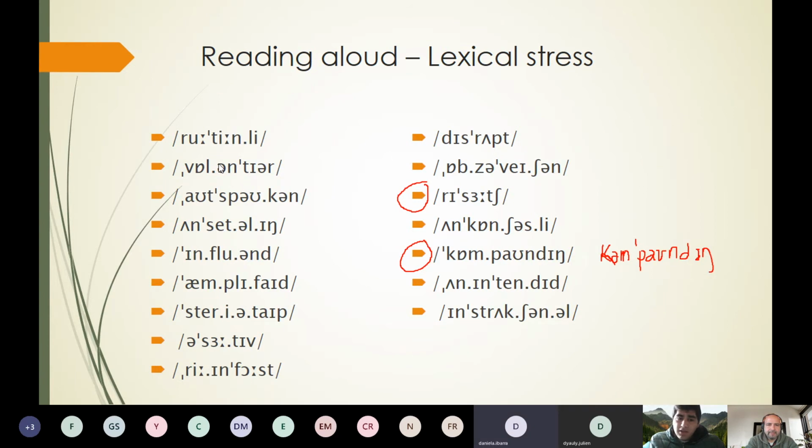Okay. Compound is a noun. Yes. And yeah. So okay. I would definitely change this to compounding. Like that.